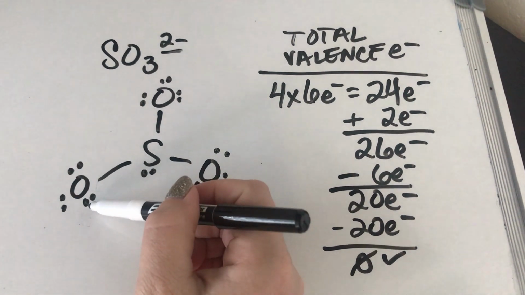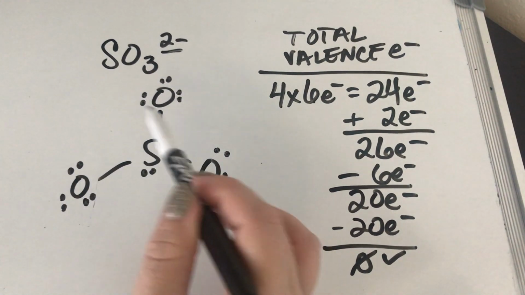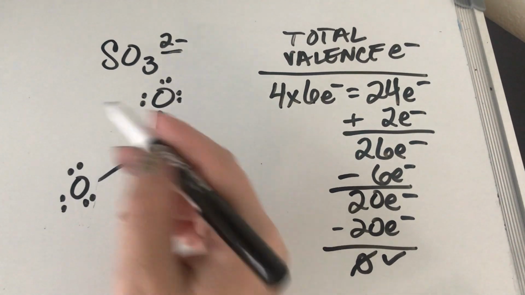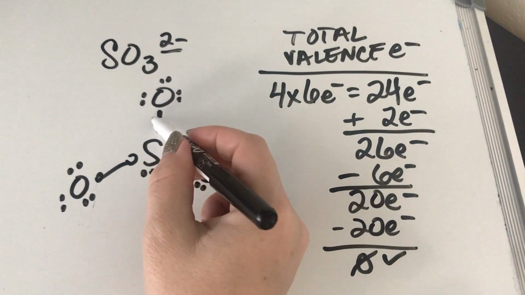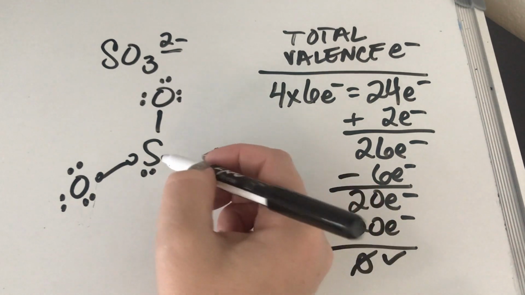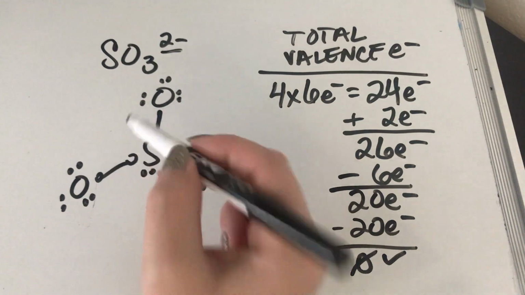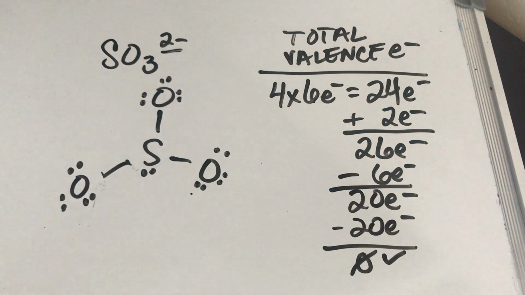So we look at each atom and how many electrons are around it. Here our oxygen has 2, 4, 6, 8, right? This is 2 electrons per bond. So, octet rule satisfied. So this is a correct Lewis structure.